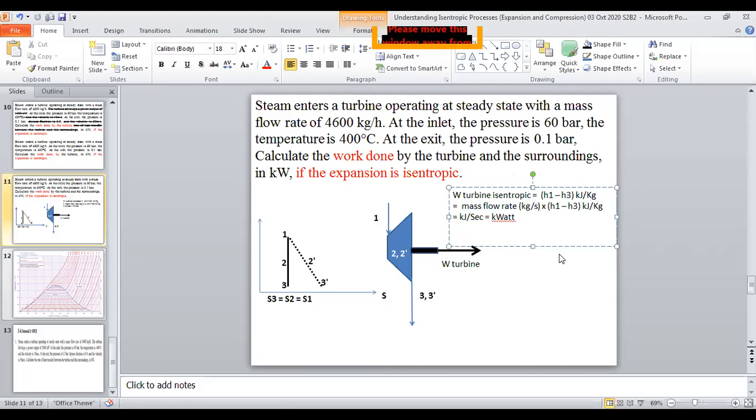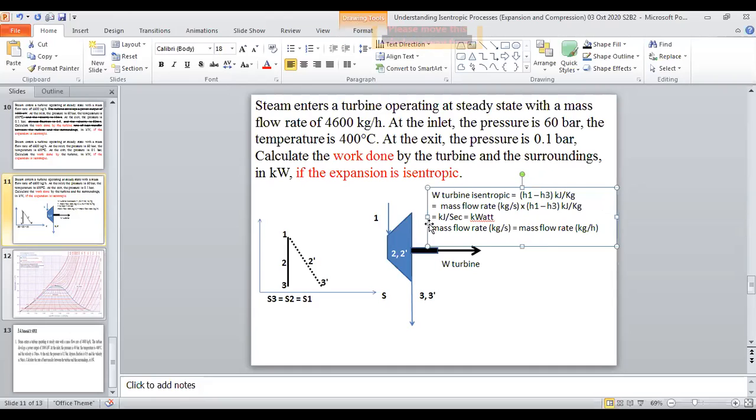Kilogram per second equals mass flow rate in kilogram per hour divided by, because this is 1 hour of flow, 3600 seconds.